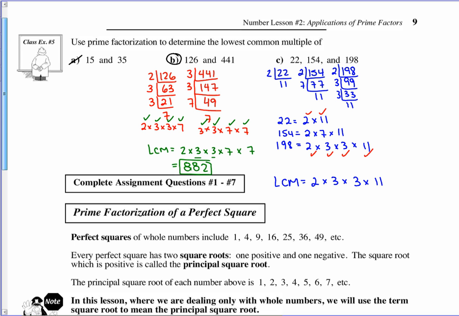154. Is 2 there? So 2's there already. So we're good. It's represented. Is a 7 there? No. So now it is. We're good. And is 11? Yes.